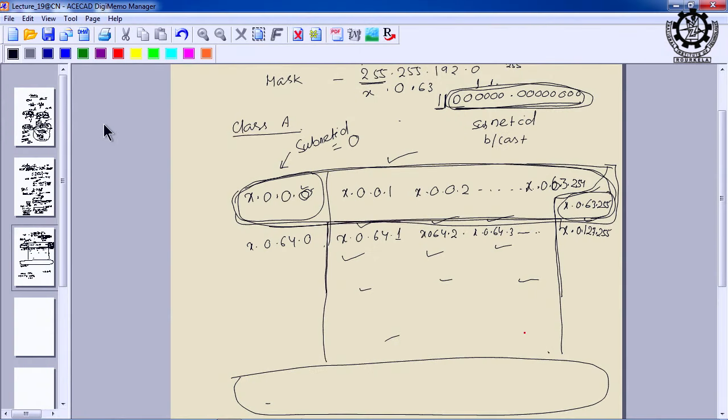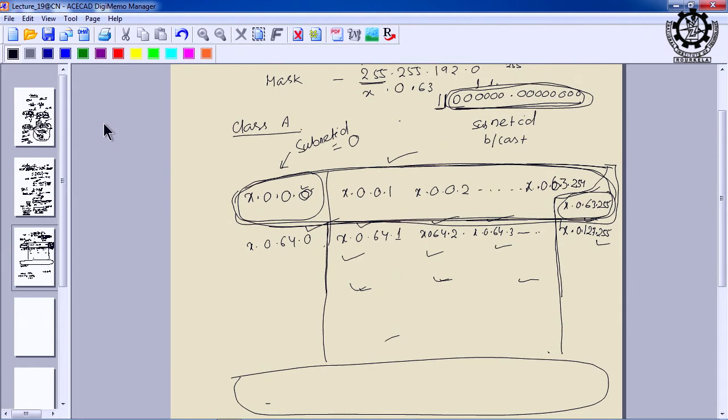So how many subnets are you getting? These are all the subnetwork addresses, and in every subnet you will find one all zeros, which is the network address, and all ones, which is the broadcast address, not given to any host. Any number in between becomes your valid IP address.